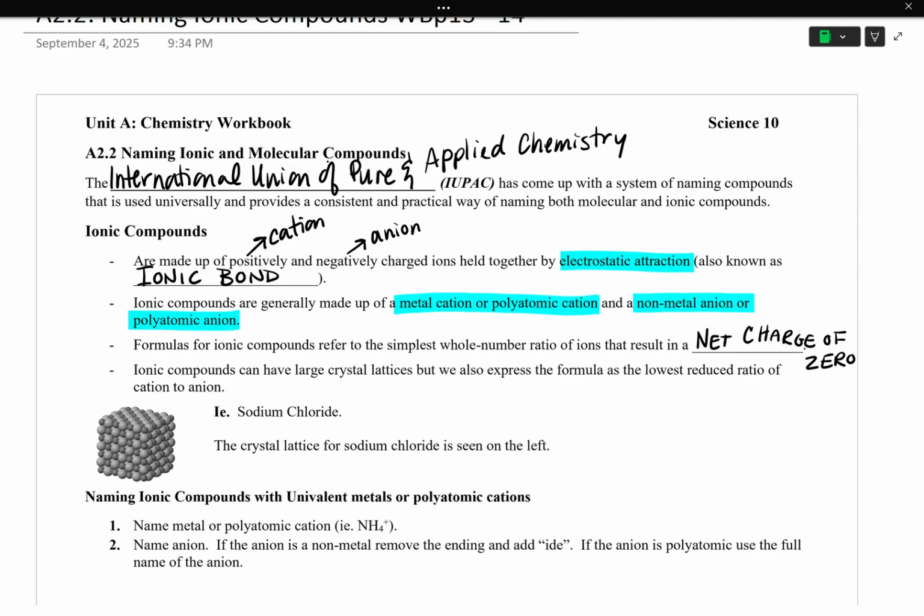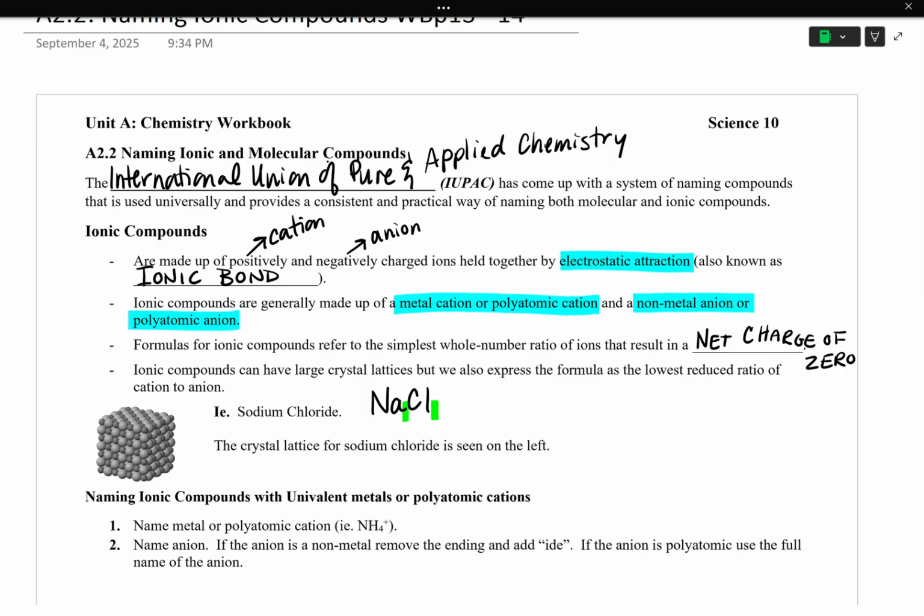So, for example, when we write sodium chloride's formula, it becomes NaCl. Sometimes what you'll see is below and beside the element, there will be a number, and that number will tell you how many of those ions we need. When you don't see a number, that means there's only one of them.